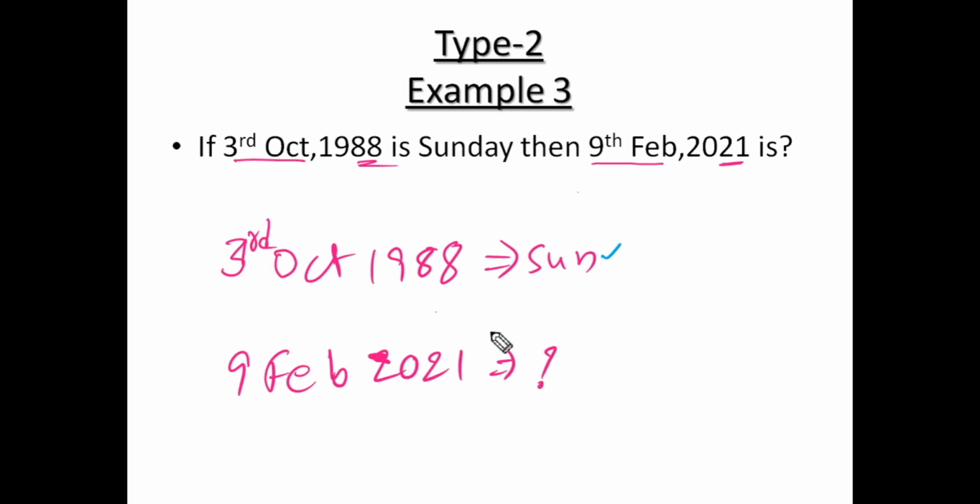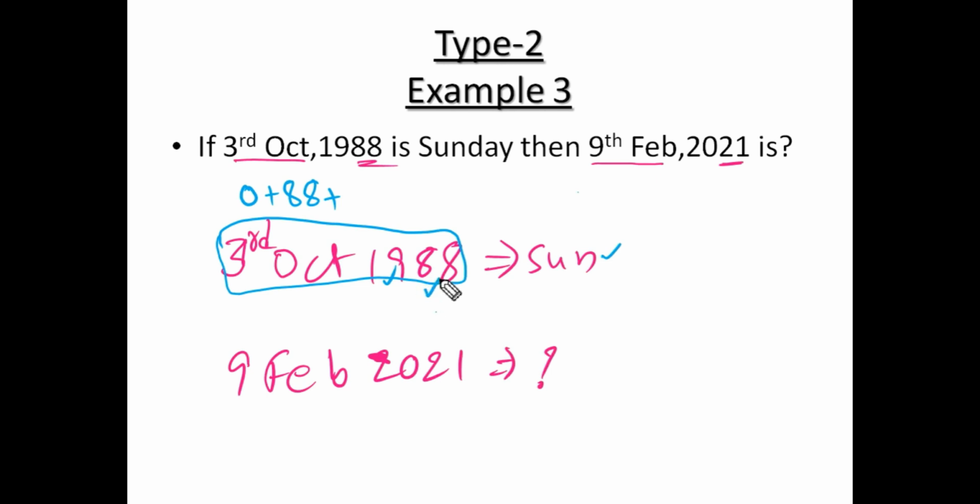For this example, the best method is the shortcut method, which makes it very easy to find the actual day. 19th century, 0. How many years? 88. How many leap years are there in 88 years?